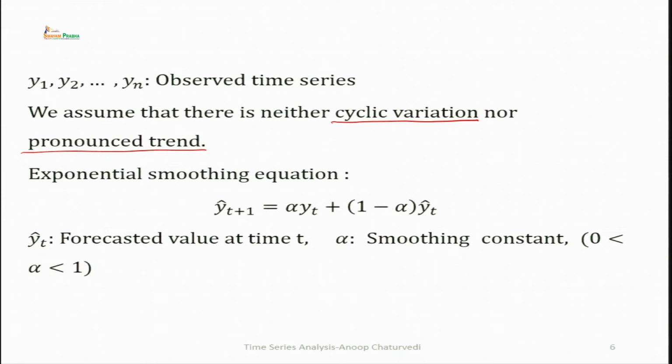Then the exponential smoothing equation is y hat_{t+1} = alpha y_t + (1 - alpha) y hat_t.